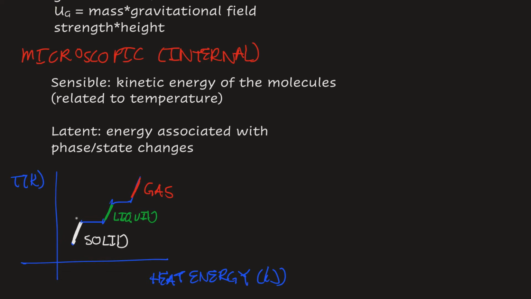And in these in-between portions, where the substance is transitioning from one state to another, this added energy is not actually increasing the temperature of that substance. And this energy right here is that latent energy.